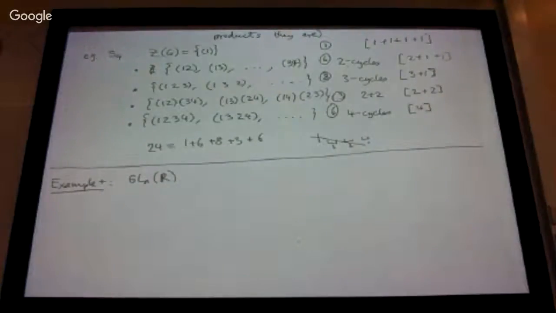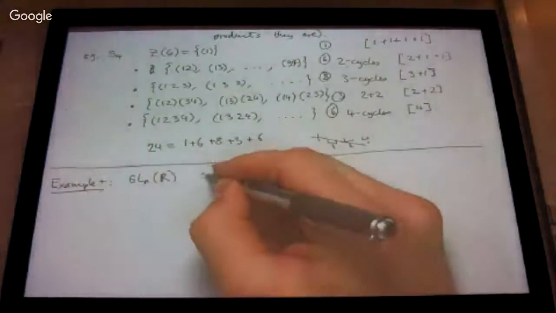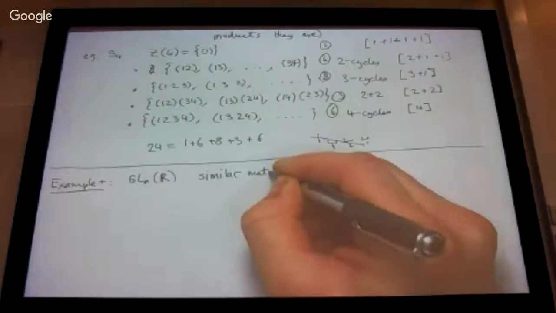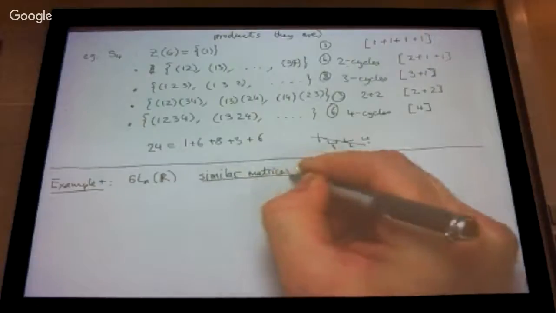Matrices. So there was this thing called similar matrices in linear algebra, as I'm sure you'll remember.